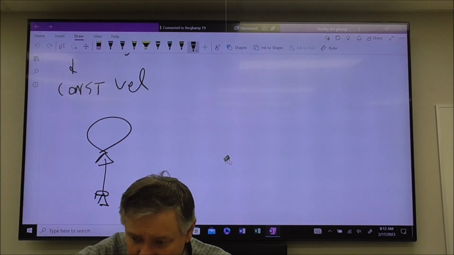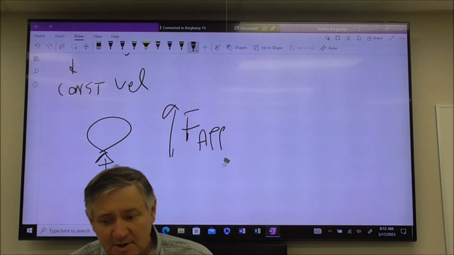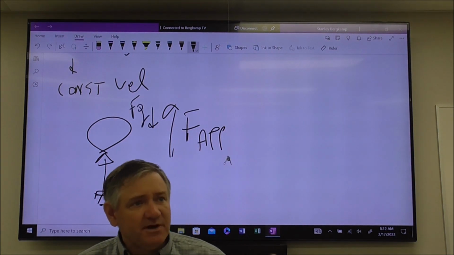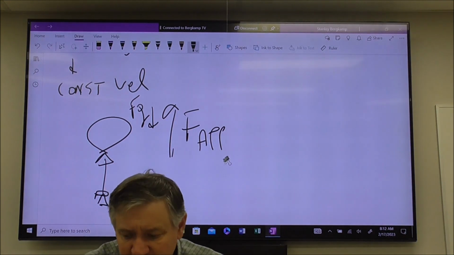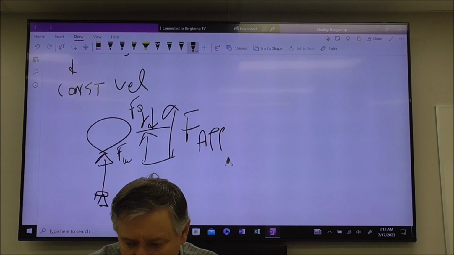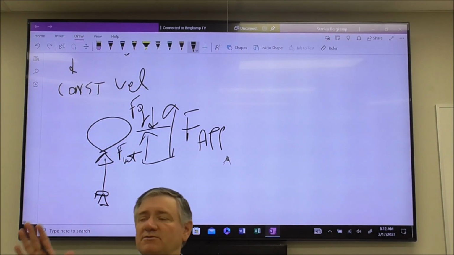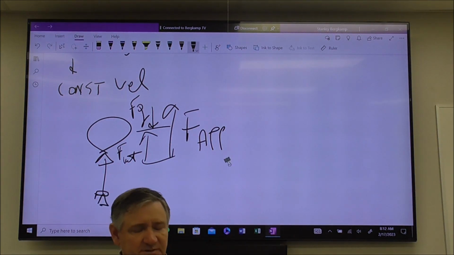So when I let go of this thing, whatever the force is, that applied force from the balloon has to be bigger than the gravity mafia that's pulling it down. Okay? The difference between these two is my net force, and my net force tells me the direction of the acceleration. So there's a couple of different ways you can view these net force problems.